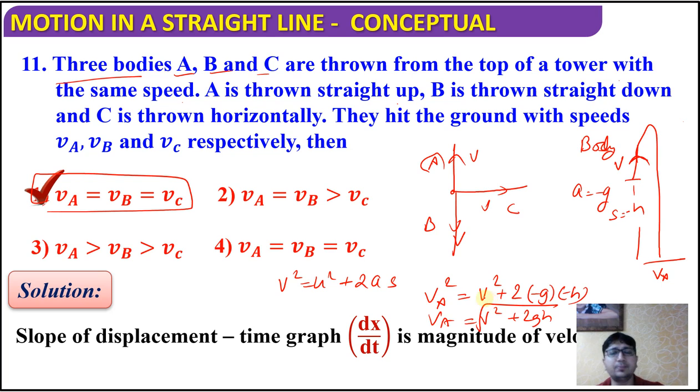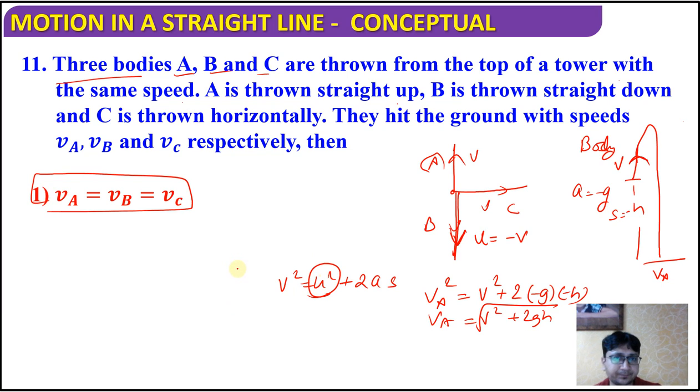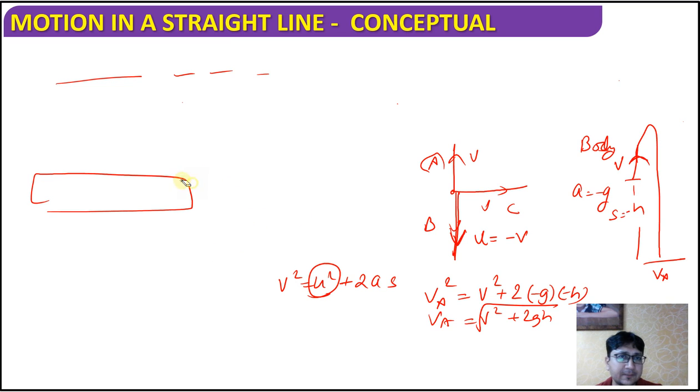Now the same thing happens with the body thrown downward. Now what happened here? Velocity is negative, but since here it is squared, the same answer will come, because when the body is projected downward, we'll take the initial velocity as negative. So again minus v square becomes v square, and we'll get the same answer. And last but not least, let's go for the next part.